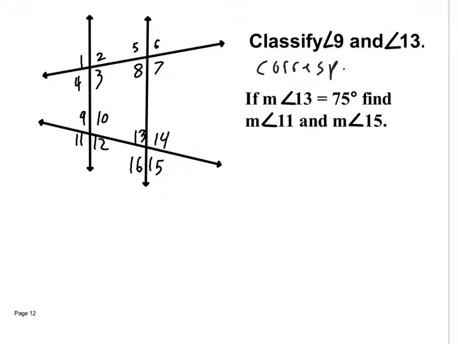Now, let's say I know the measure of 13 is 75 degrees, and I need to find the measure of 11. I don't have a rule that directly tells me what 13 and 11 are. But I do have a rule that tells me what 12 is. What relationship tells me what 12 is?